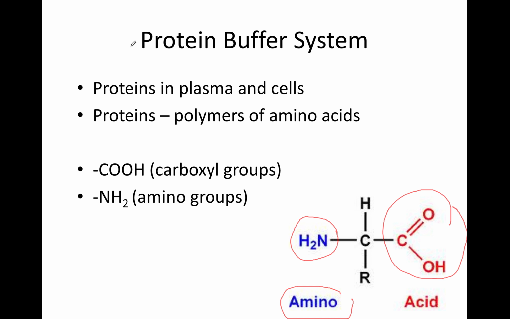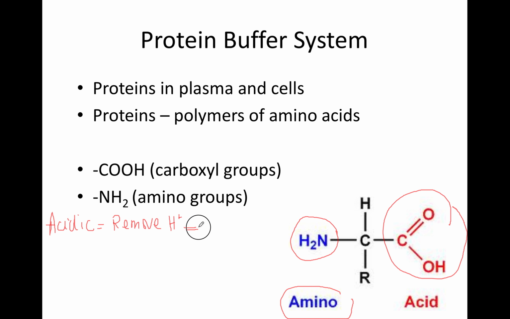Now, if you have an acidic environment, acidic blood, you want to remove your hydrogen ion, because hydrogen ions are what make something acidic. The way you do that is that extra hydrogen ion is going to combine with what? The amine group.